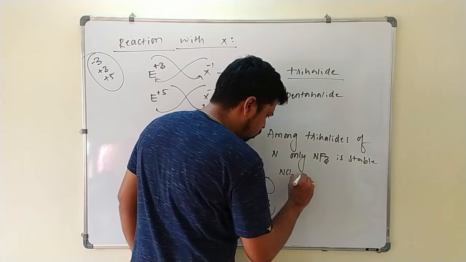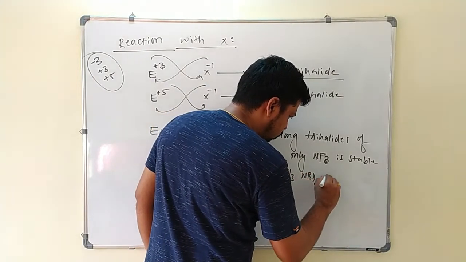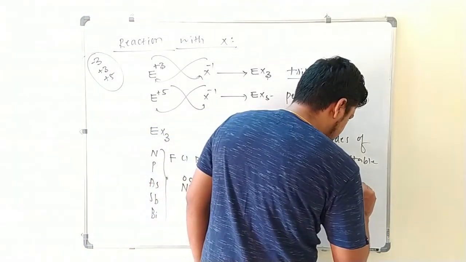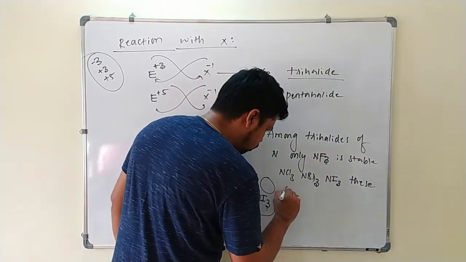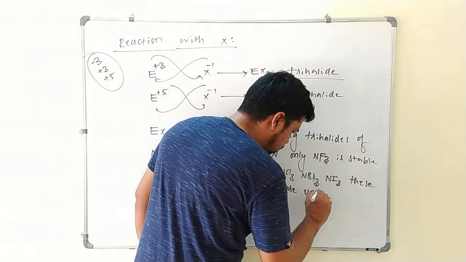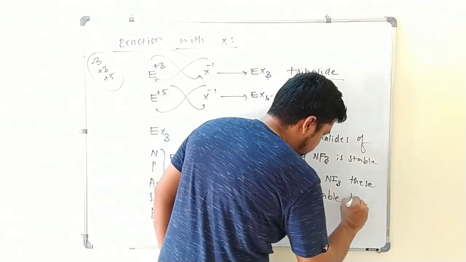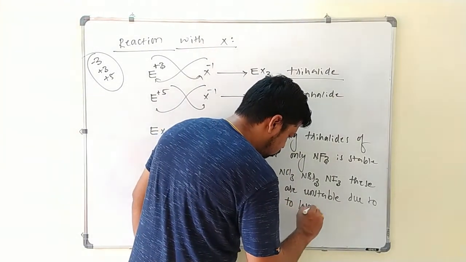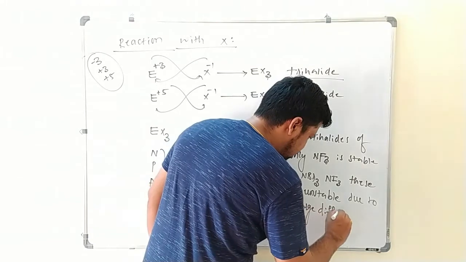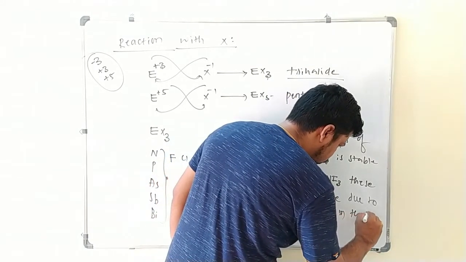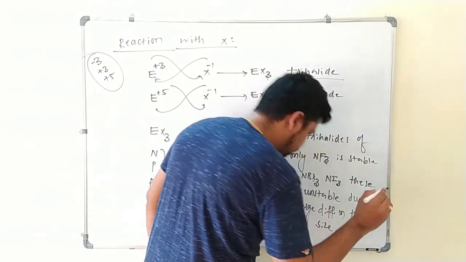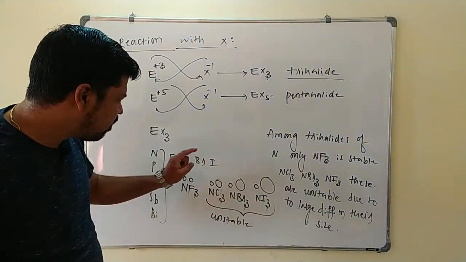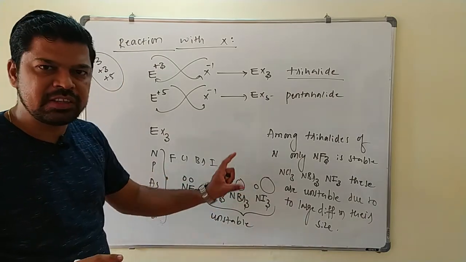NCl3, NBr3 and NI3 are unstable due to the large difference in their size, but the trihalides of all the remaining elements are stable. Only in the case of nitrogen are these three halides not stable.